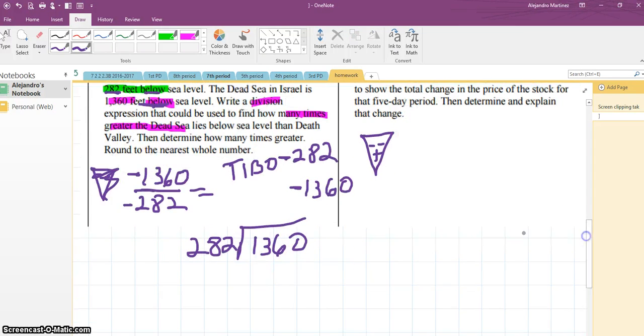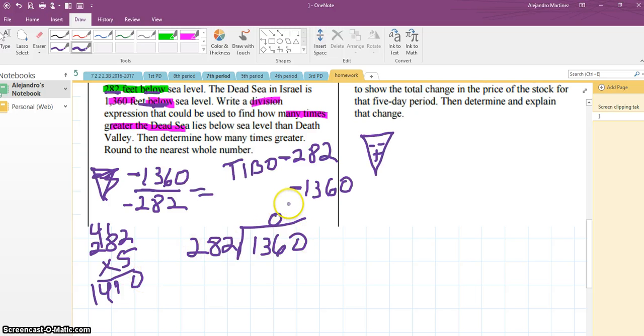Well, obviously, 282 doesn't go into 136, so this is 0. 282 into this. Well, I always like to use 5, so I'm going to use 282 times 5. See if that works. 8 times 5 is 40 plus 1 is 41. 5 times 2 is 10 plus 4 is 14. So I went over.